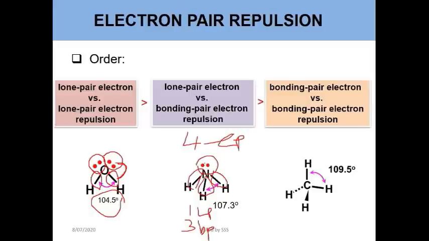So the bond angle between H and H is 107.3 degrees. Moving to methane, the carbon atom as a central atom contains 4 bonding pairs. At the carbon atom there is no lone pair electron, so the force of repulsion is between bonding pair electron and bonding pair electron only. Thus, the bond angle is 109.5 degrees.